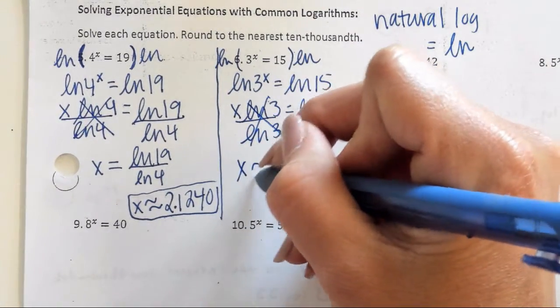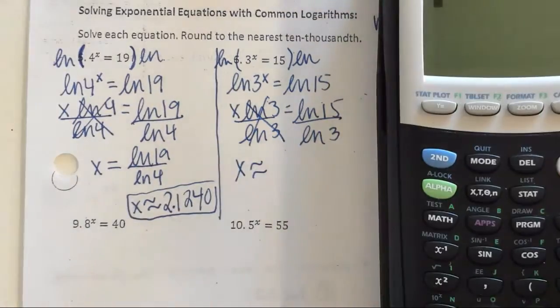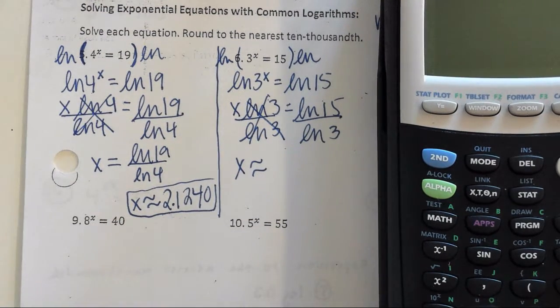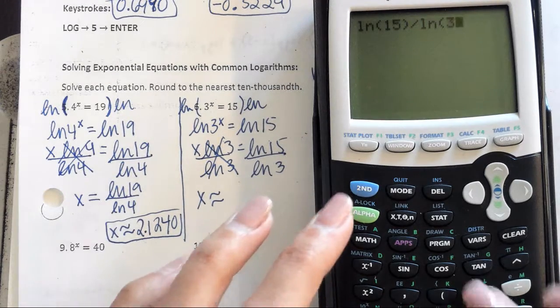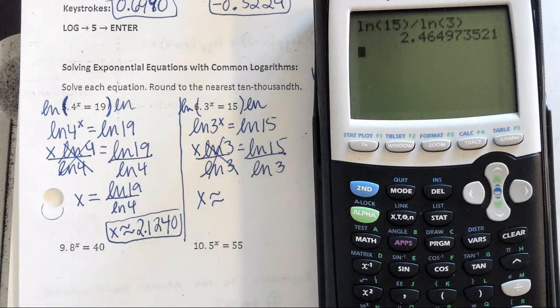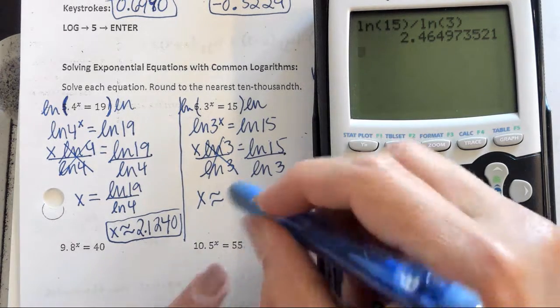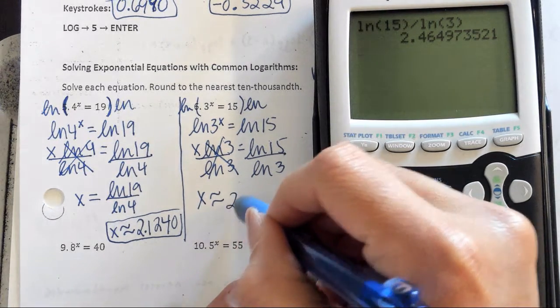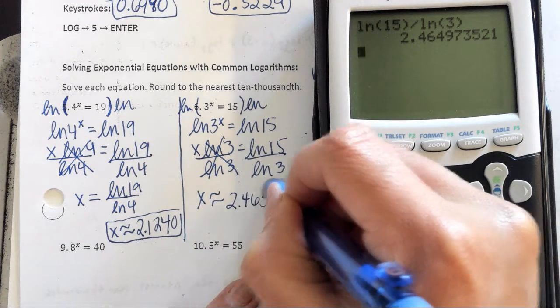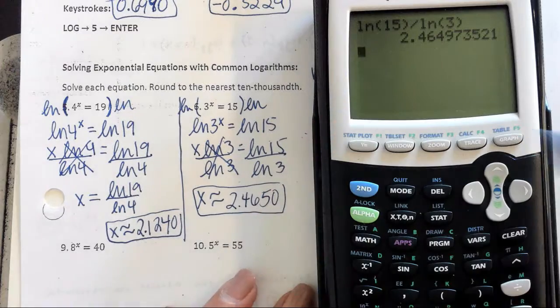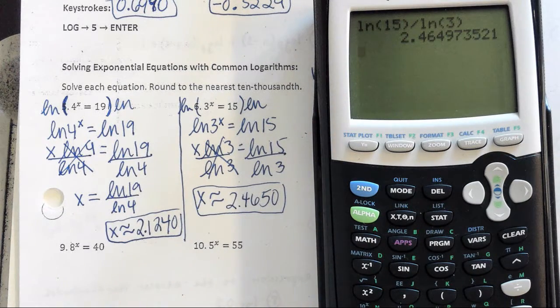Go ahead and type that in your calculator. And again, make sure you close that parentheses when you're typing it in. Did everybody get this? Yeah. All right, tell me how to round correctly. 2 point what? 465 what? 0. Very good. Y'all feel good with these?